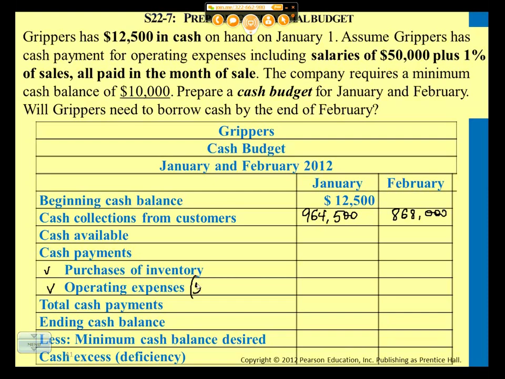So we have 50,000, right? And then plus 1% of what? What are our sales? So what would be a 1%?